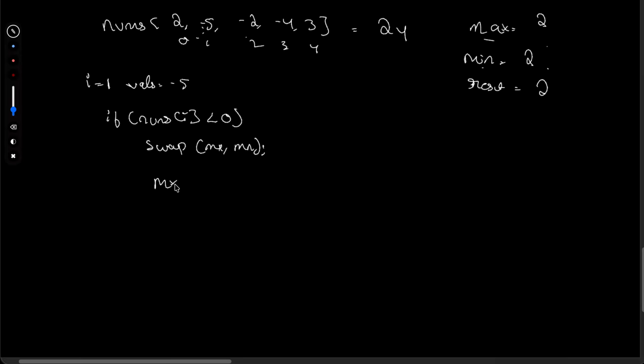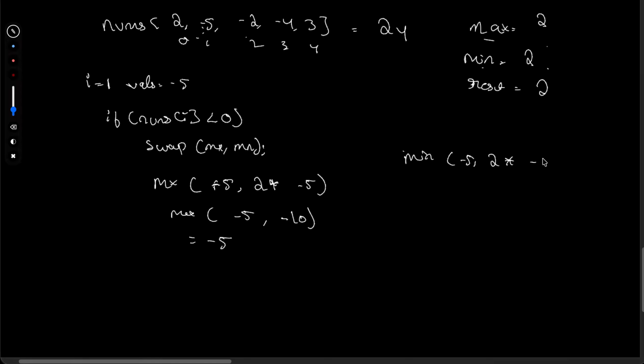See, max: the max of negative 5 and 2 times negative 5, so max of negative 5 and negative 10, so the answer is negative 5. Okay, now we update min. Min is the min of negative 5 and 2 times negative 5, so min of negative 5 and negative 10, so the answer is negative 10.